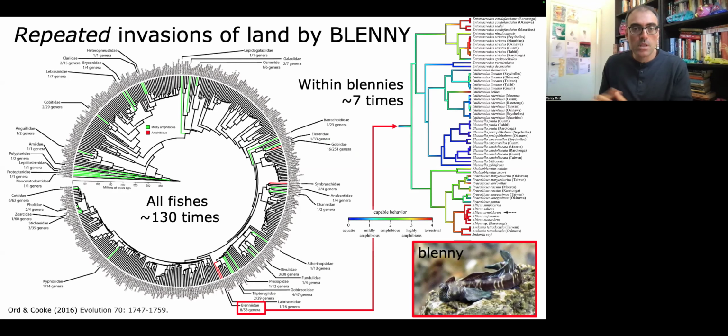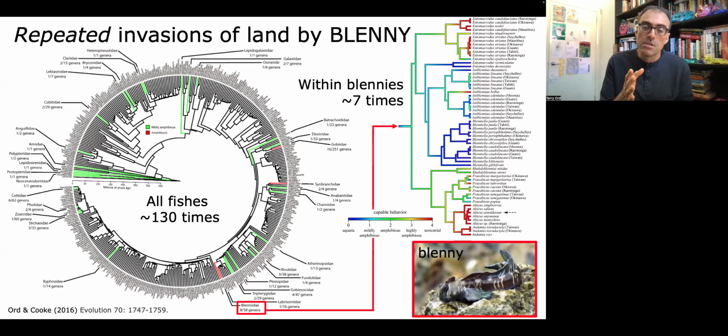So we just observe them in the wild, and we use various statistical methods to then map the evolutionary history of the change in that behavior onto that evolutionary tree. The take-home message is that within this single family, it appears that the independent repeated evolution of amphibious behavior has occurred at least 7 times.